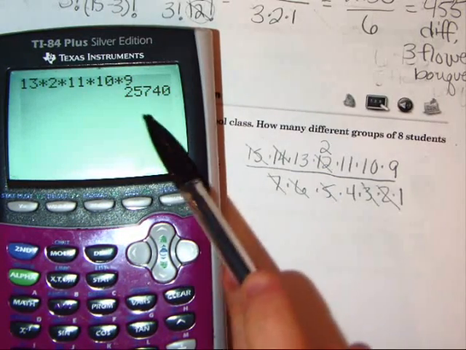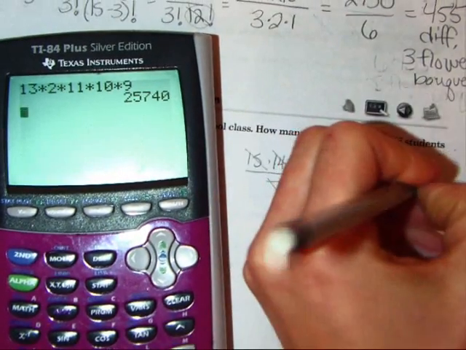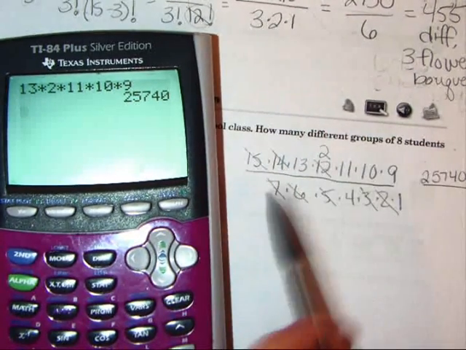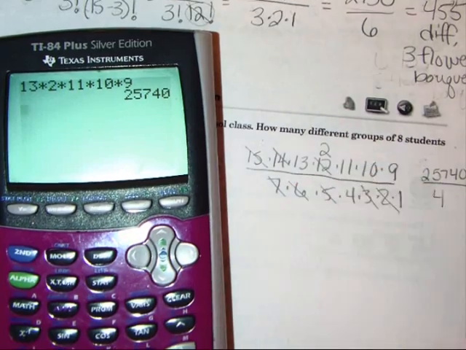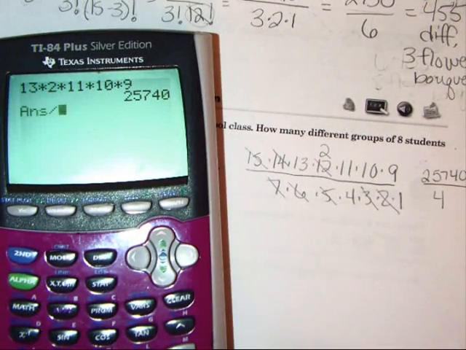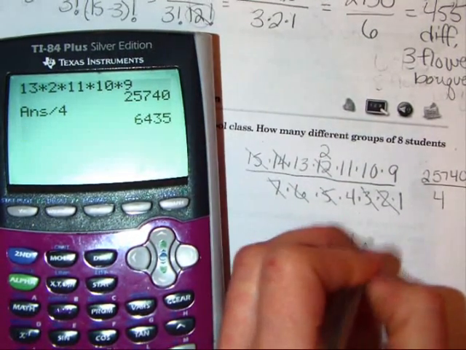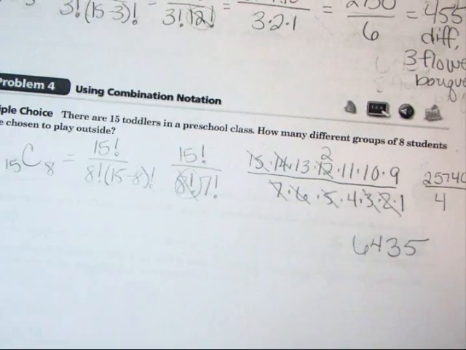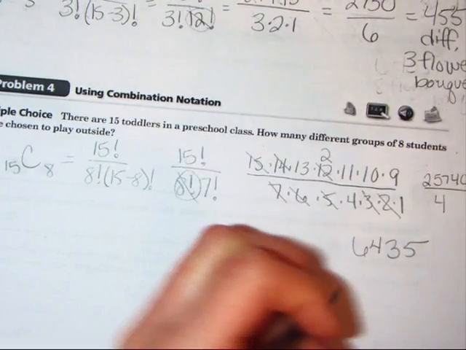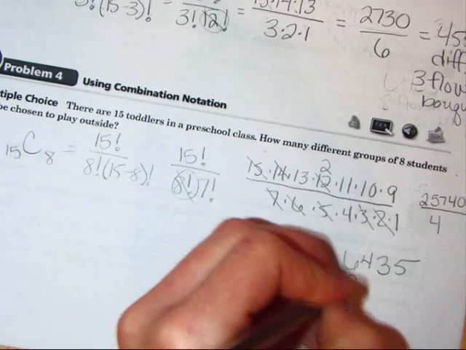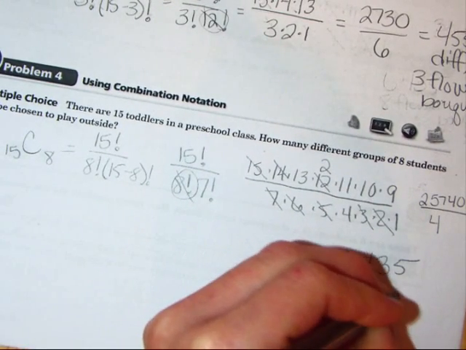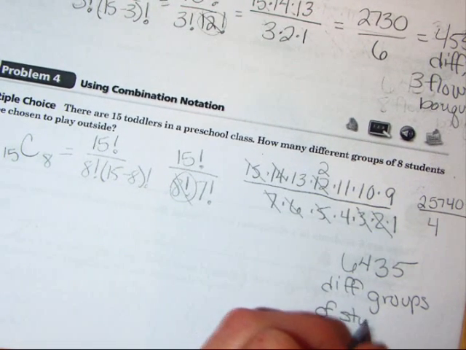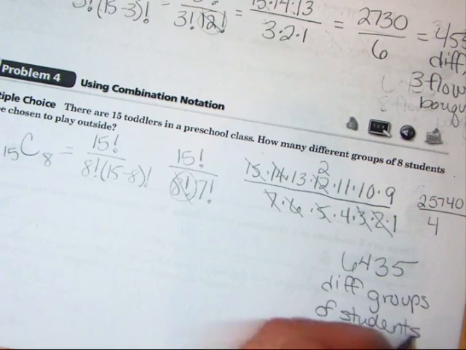So the top is 25,740. The bottom is a whopping 4. So I take my answer and divide it by 4, and I have a final answer of 6,435 different groups of students who can go outside.